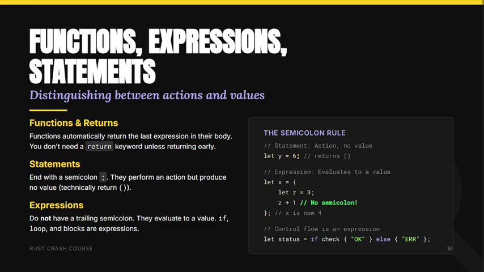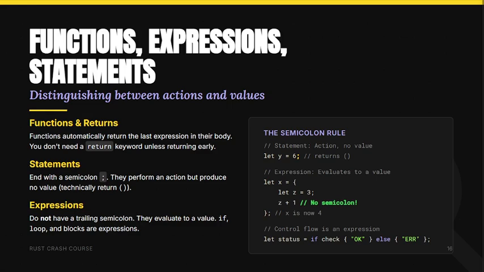Look at the code box. We have a statement, let y = 6. This performs an action but returns nothing. Then we have a block expression: let x equals, and now we have curly brackets.